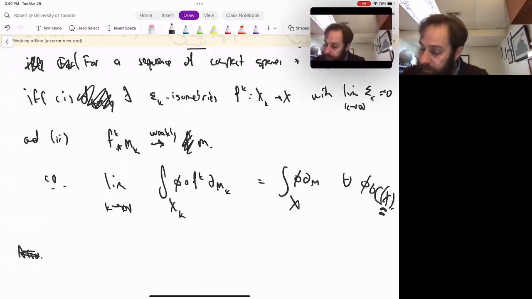So now the theorem. This is the first stability result.